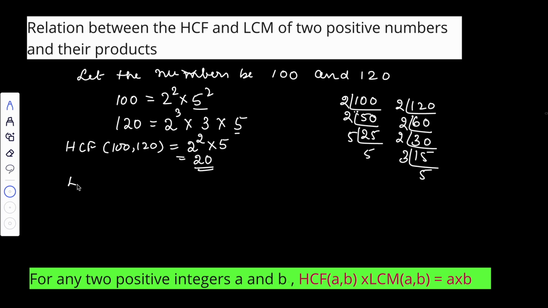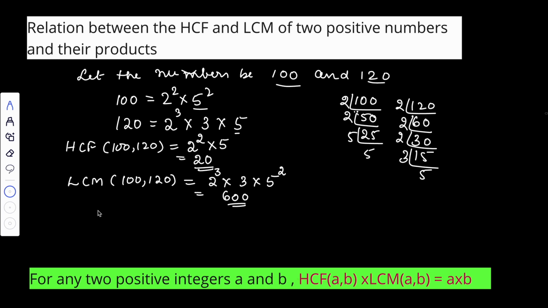Now we'll find the LCM of these two numbers, 100, 120, that is, we'll write all the factors now. 2 is there, 3 is there, 5. Then we'll write all the highest powers of this, 2 cube, 3 and 5 square. And when we multiply all this, we are getting 600. That is the LCM of this.